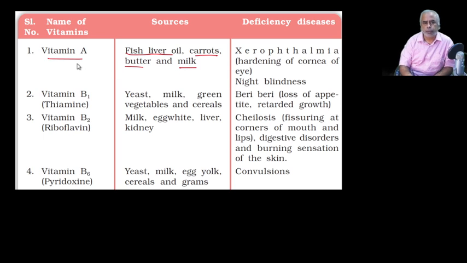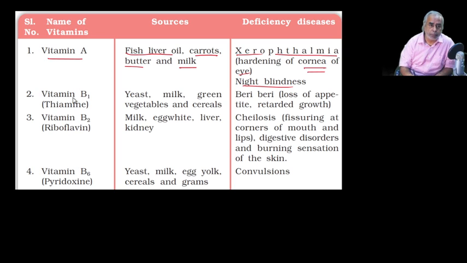If vitamin A is not sufficient, then its deficiency diseases are xerophthalmia, that is hardening of the cornea of the eye, and that will cause night blindness also.